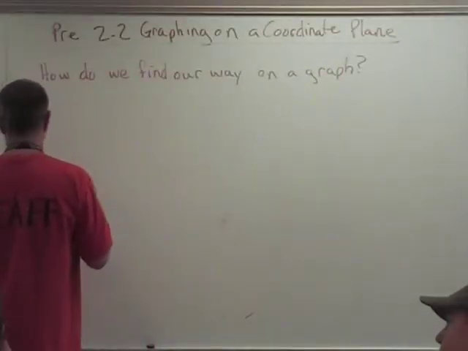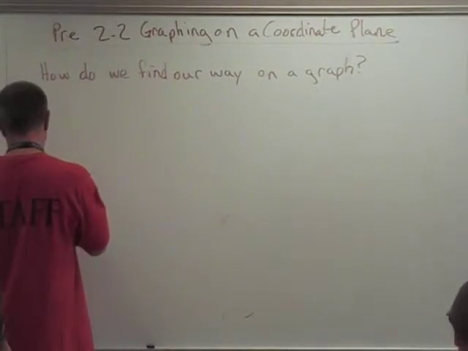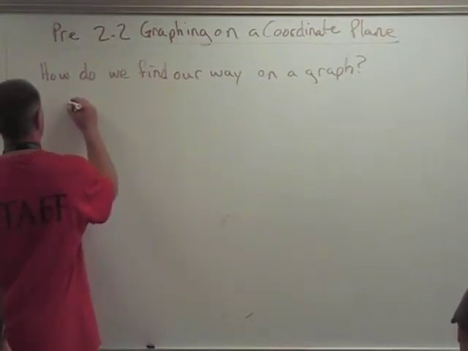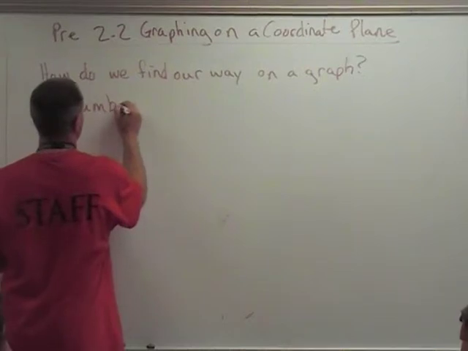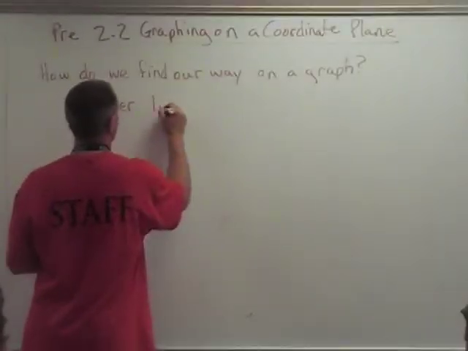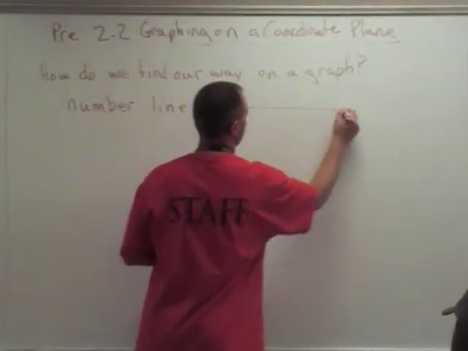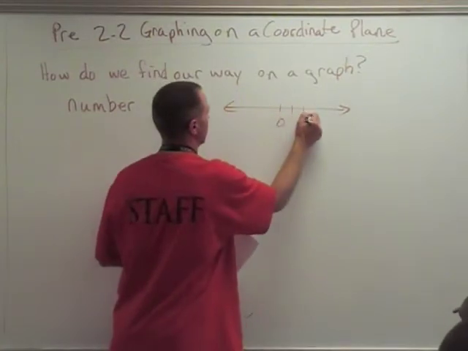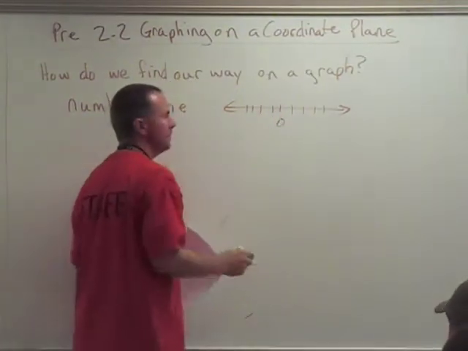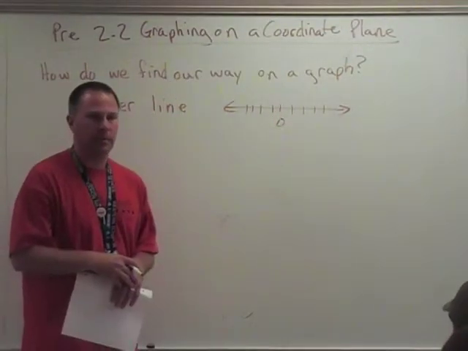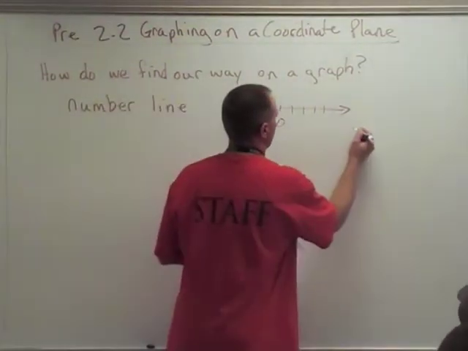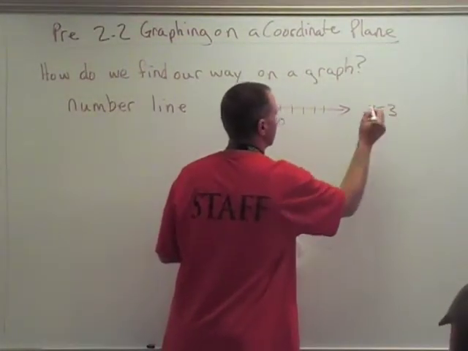Let's see here. The first thing you learned about graphing was a number line. Okay? And usually we just said, what do you get when x equals 3?